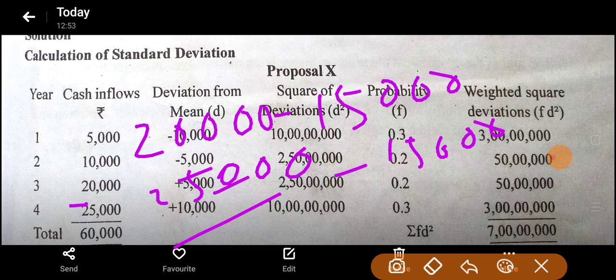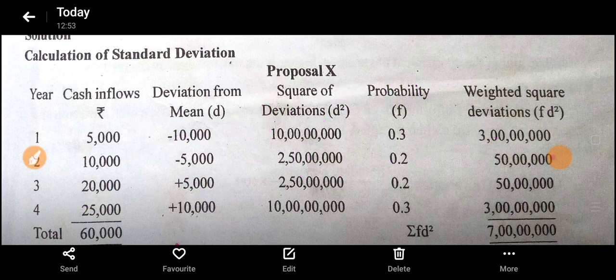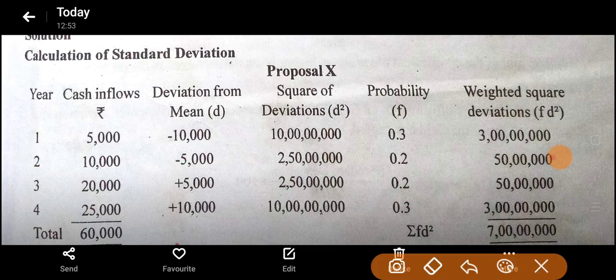Okay, so now we are moving toward the next, that is, we want to find out the square of this deviation. Not square root, square of the deviation. You know how to find the square.